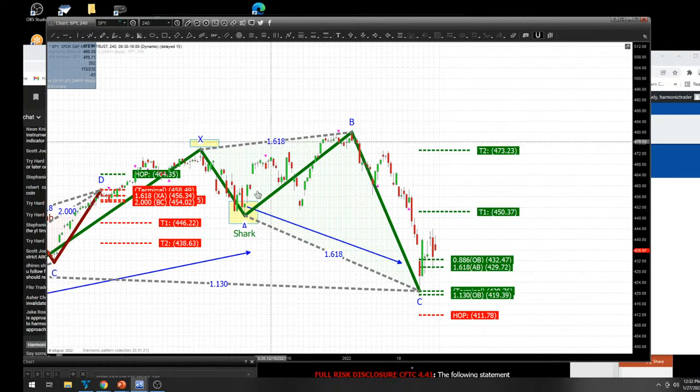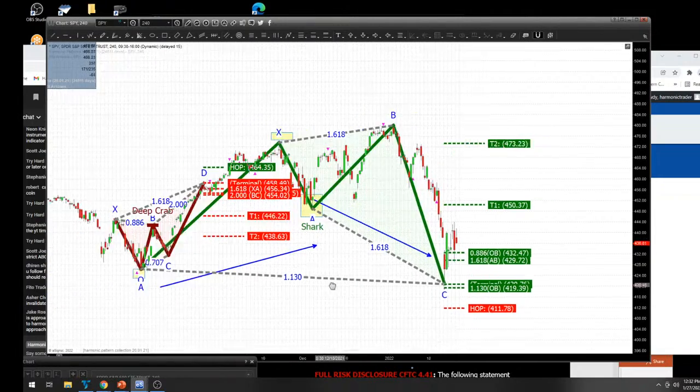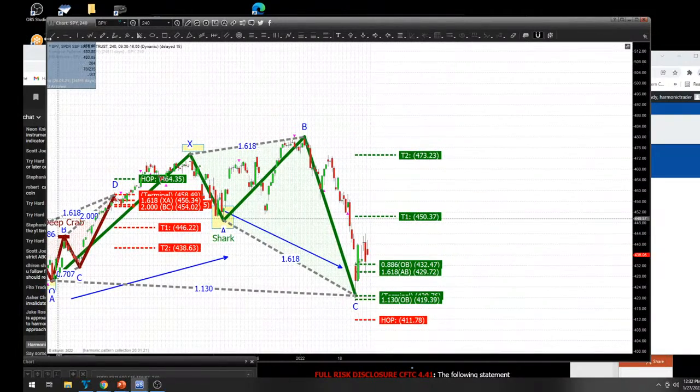The final point of the shark, so there's no ABCD in the shark, but there is. We kind of backtest it in a way, where if we assume the shark turns into a 5-0, which it does in most cases, this is where the AB component comes in.